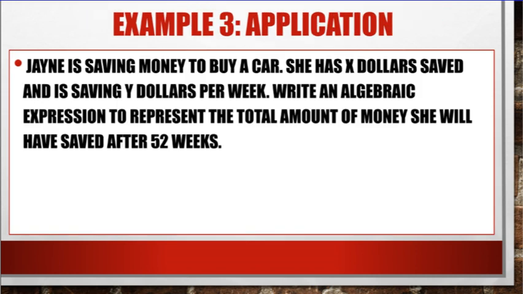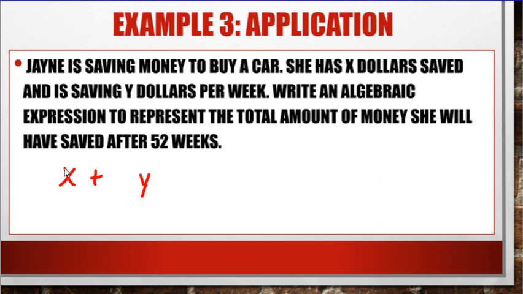Now a word problem. Jane is saving money to buy a car. She has X dollars saved and is saving Y dollars per week. Write an algebraic expression to represent the total amount of money she will have saved after 52 weeks. So I know that she has X dollars plus she's saving Y dollars per week.